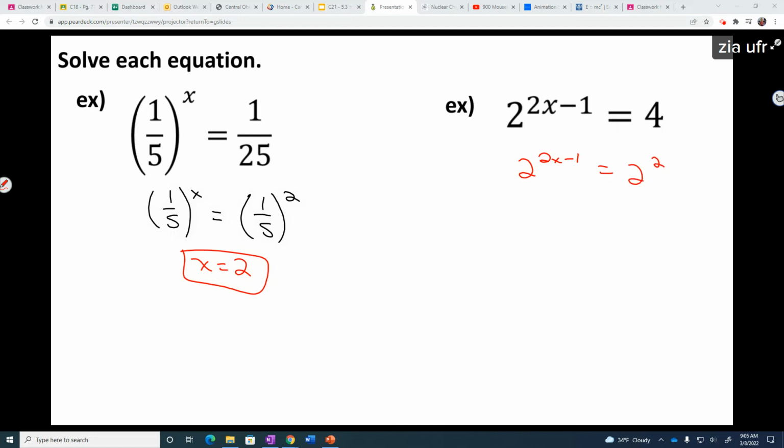And then we're just going to set them equal to each other. 2x minus 1 is 2. Add 1 over, 2x equals 3. So x is 3/2.